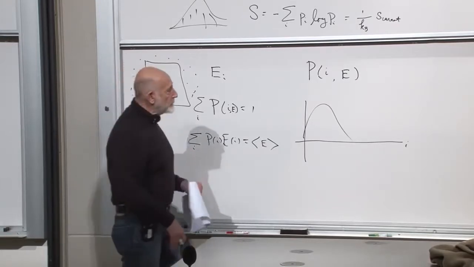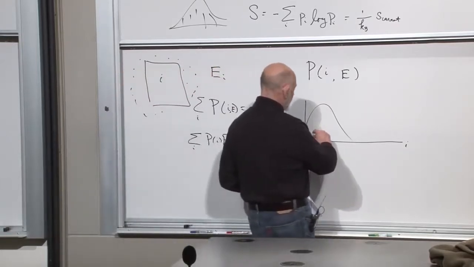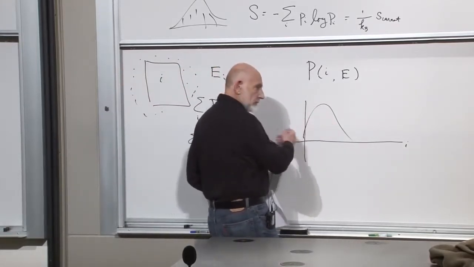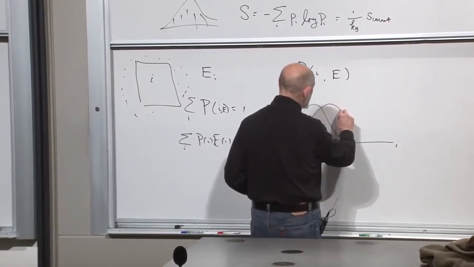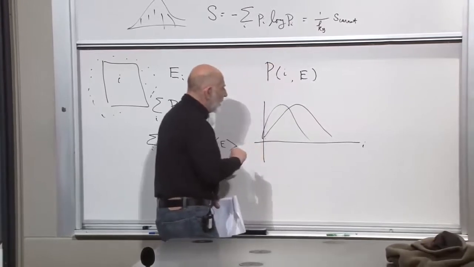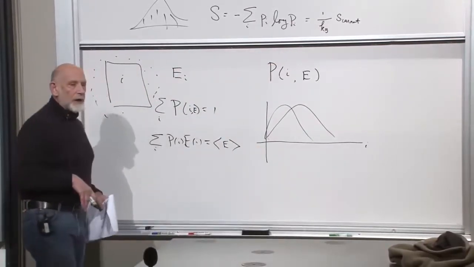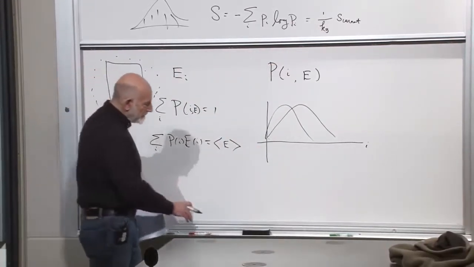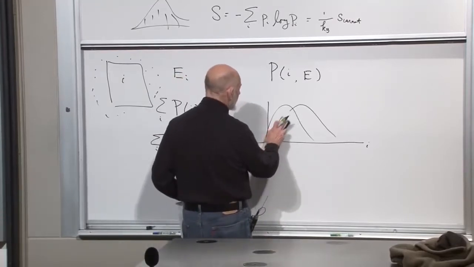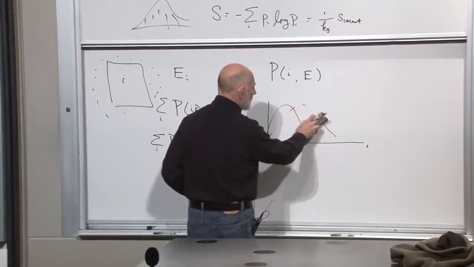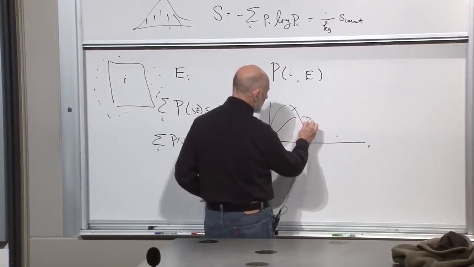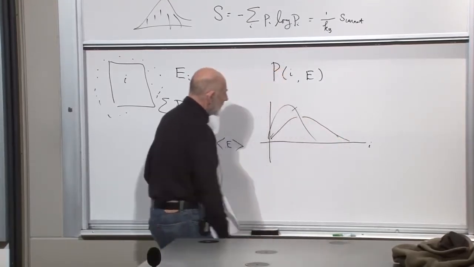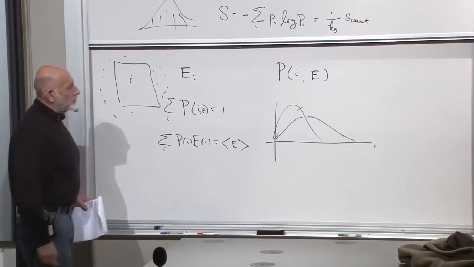If you change the average energy, if you change the energy of what's in the box, then the probability distribution shifts. Oh, I should draw it so that the area under it is always 1. The area under it, the total probability, should always stay 1. So maybe like this. Which one corresponds to more average energy?